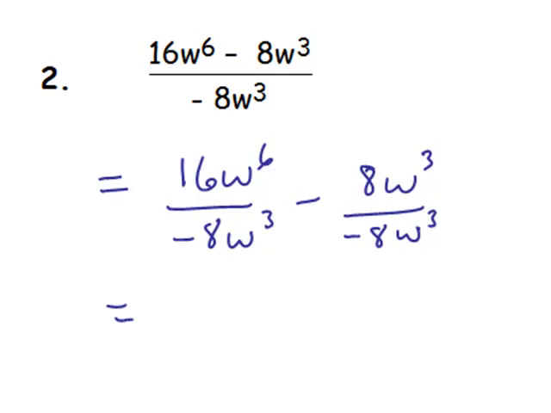In the first fraction, 16 divided by negative 8 is negative 2, and w to the 6th over w to the 3rd, 6 minus 3 is 3, that's w cubed. And here we actually have a double negative. So that's plus, and let's see, plus how much? 8w cubed over itself, which is 1.